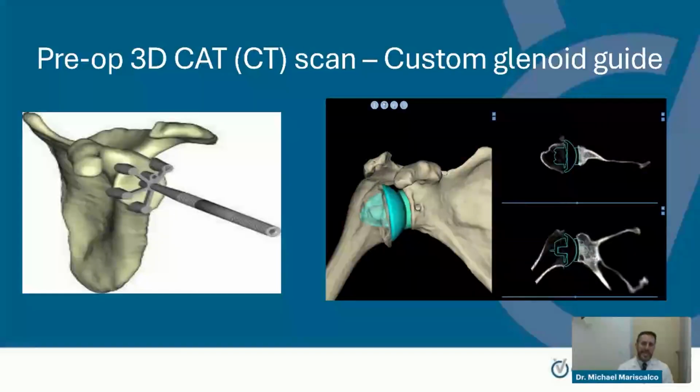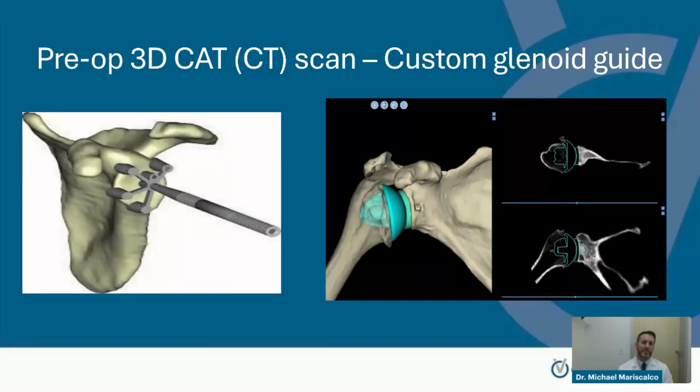So planning of shoulder replacement procedures has also come a long way over the last decade plus, probably even more so over the last 5 to 7 years, in that a CAT scan can be used preoperatively to assess the overall alignment of the shoulder, primarily focused on the glenoid or socket side, as you can see on the left.